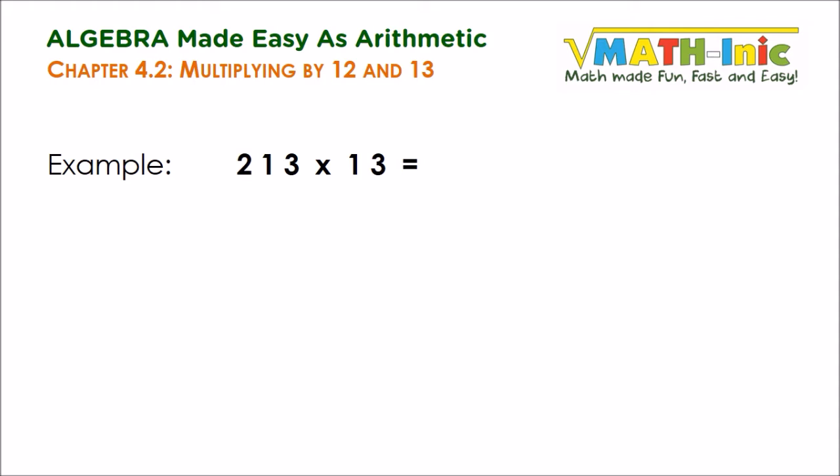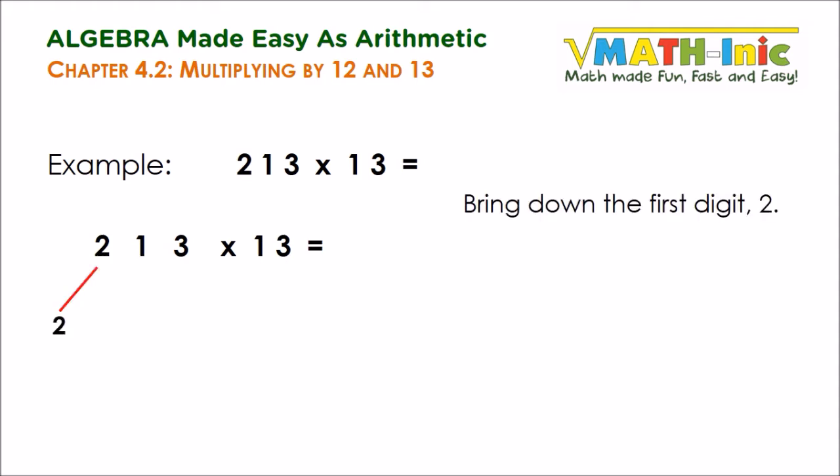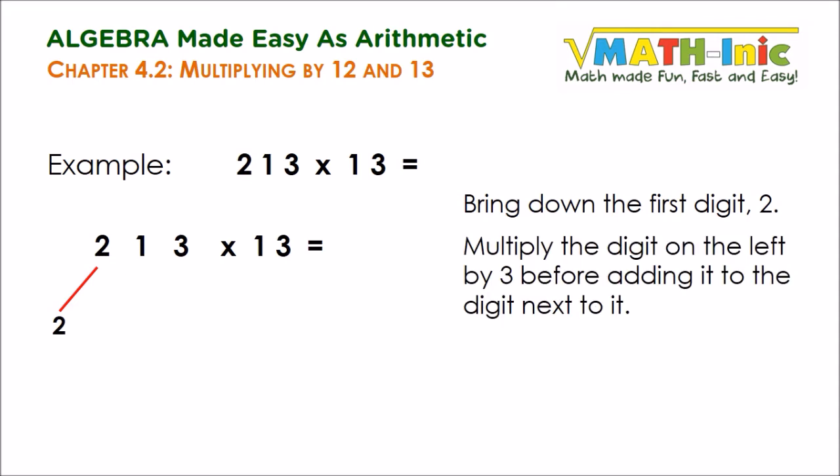Now let's take a look at another example. This time we'll be multiplying by 13, but we'll be using the extended method of multiplying by 11, same as what we did with multiplying by 12. But of course, this time, instead of multiplying by 2, we'll be multiplying by 3, because 13 is 3 above 10. So we have 213 times 13. We bring down the first digit 2, then we multiply the digit on the left by 3 before adding it to the digit next to it.